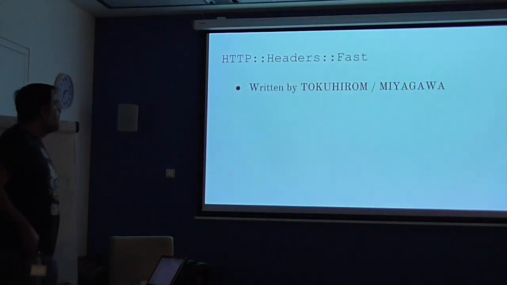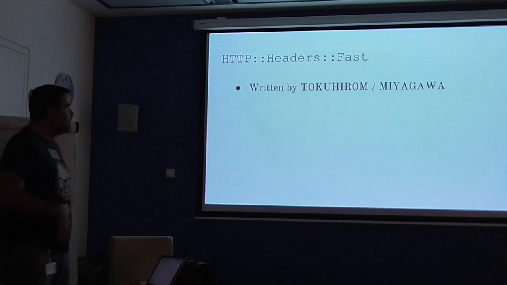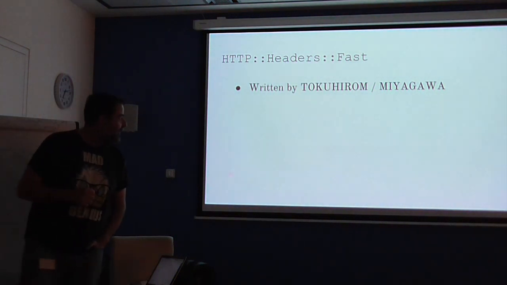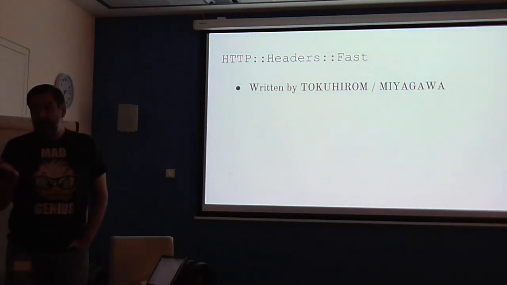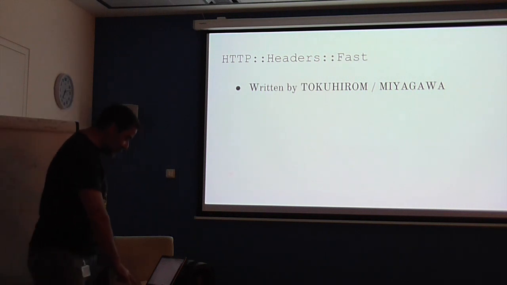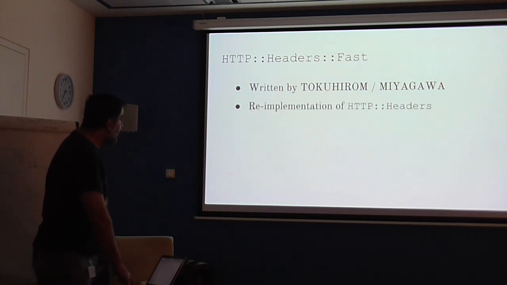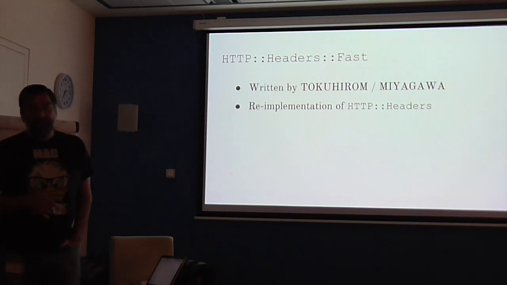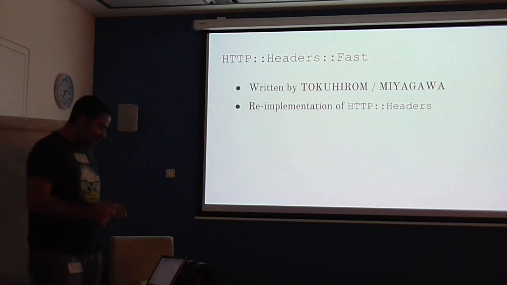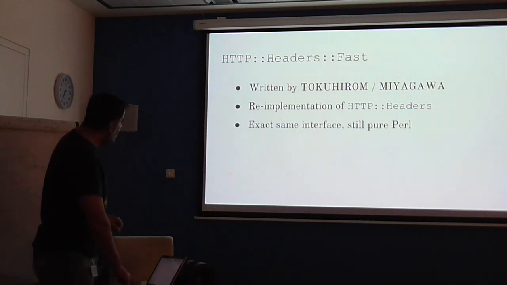I'm not going to try to read those names, but the second one you may know is the author of Plack, right? So this is serious work here. And what he did was, let's see if I can re-implement HTTP headers in a more clever way.